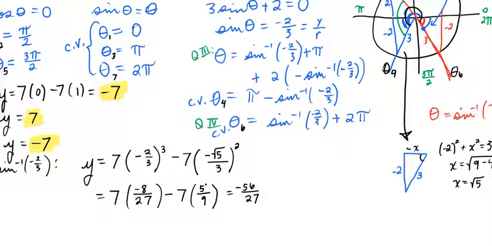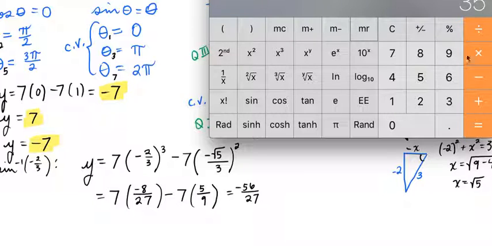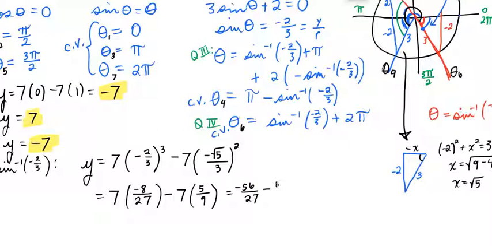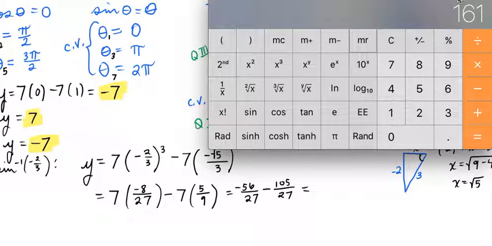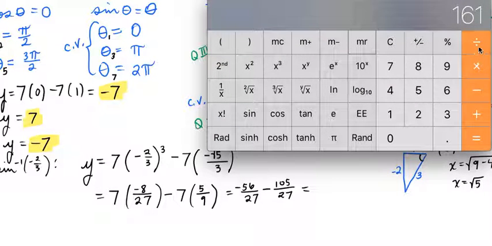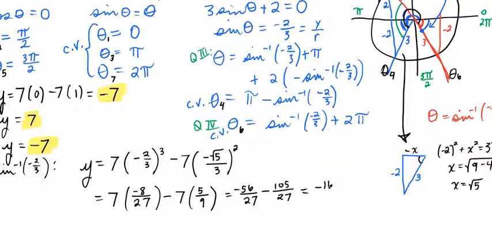Then 35 times 3 is 105, so here I have minus 105 over 27. We need to add 56 to that, we get 161. So negative 161 over 27. I don't believe that is divisible. No. Negative 161 over 27.